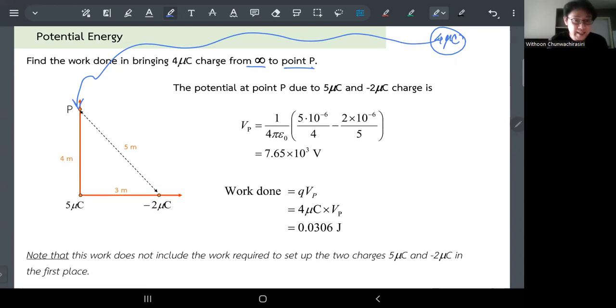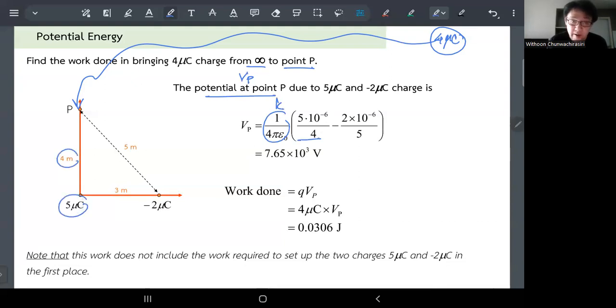Well, that's easy, because all you care about is the potential at point P. So I want to figure out V at P, and V at P is very easily calculated. It's just k, starting from 5 microcoulomb over 4.